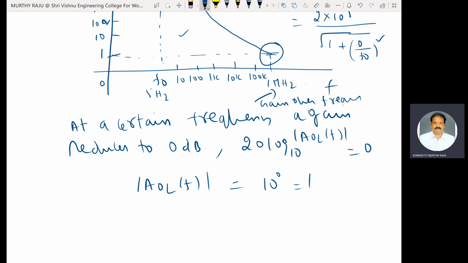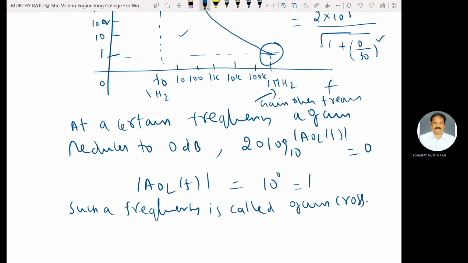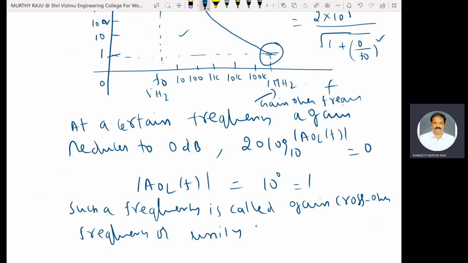That frequency is called the gain crossover frequency, or unity gain bandwidth product.